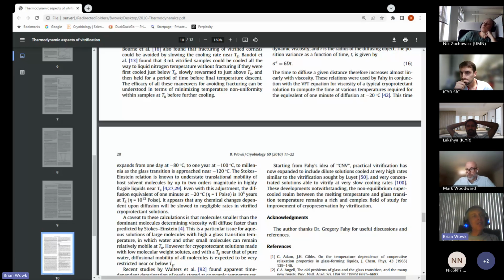Even if we reduce that by 1 or 2 orders of magnitude, so we're talking about minutes, say, which is probably how I should have written this, one minute at minus 80 would be like 1 week at minus 100, and then centuries at minus 120.